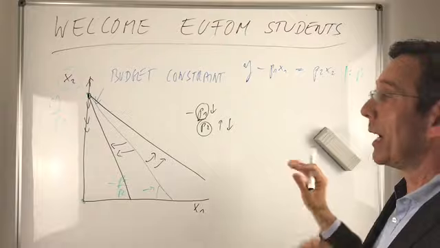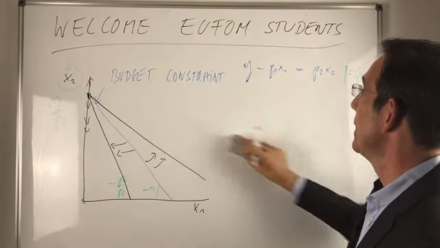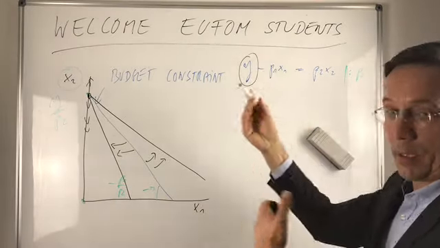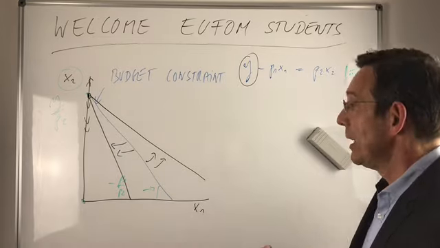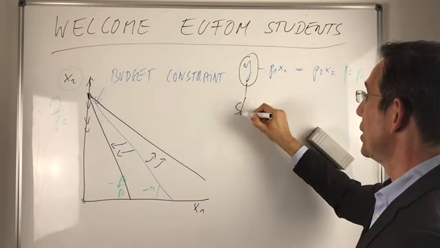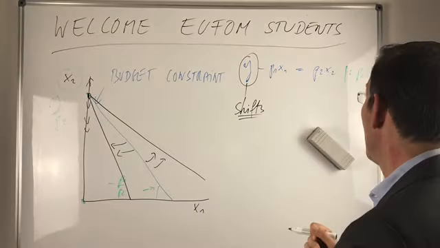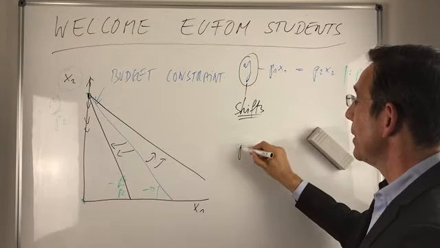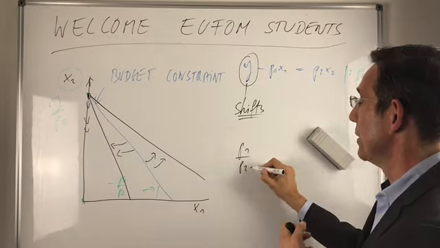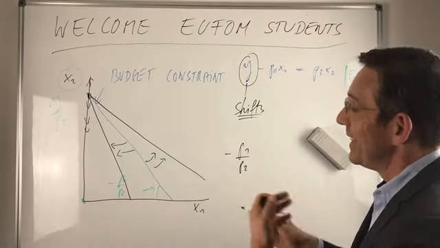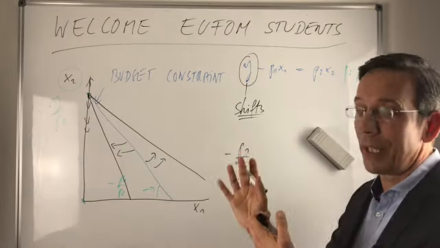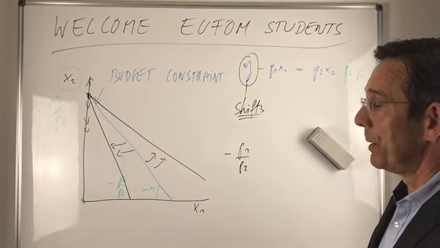So two kinds of variations. On the one hand, you change the budget, which leads to shifts of the budget constraint, a budget line to be more precise. And on the other hand, you can change the relative prices of these two goods, right? And then you have a slope rotation of the budget constraint.